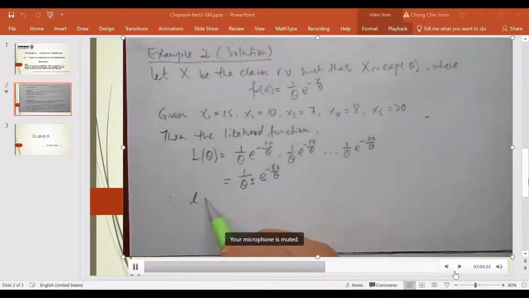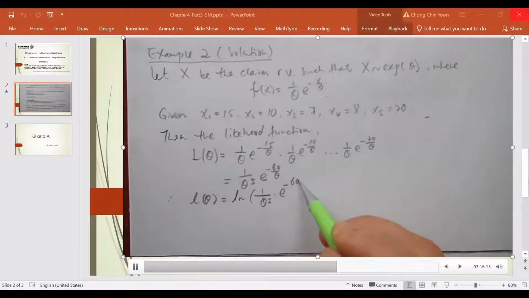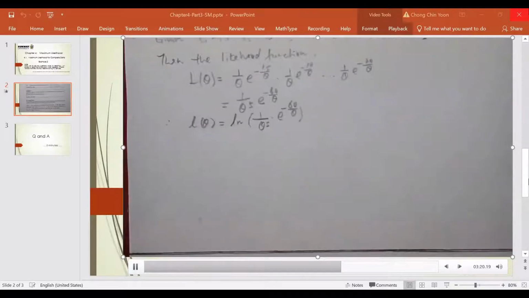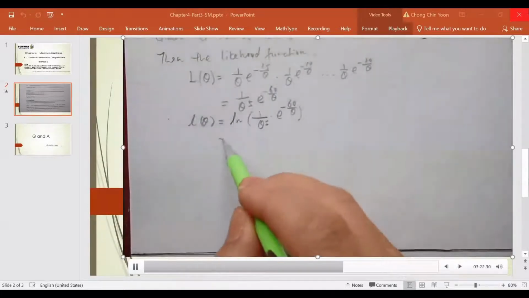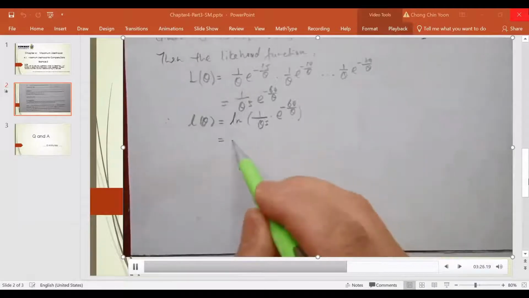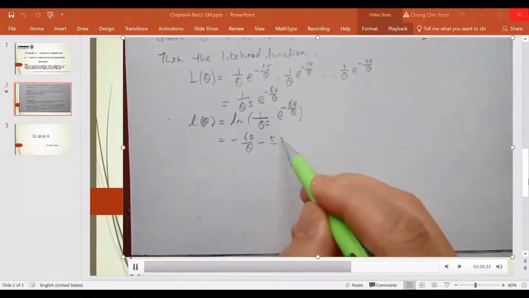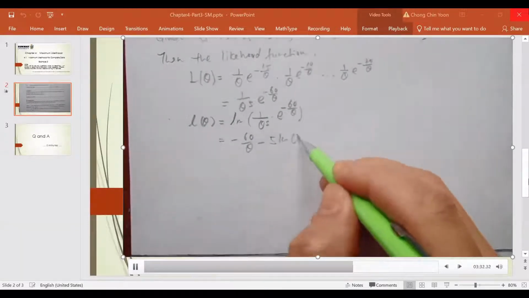Therefore, the log likelihood function equals log of 1 divided by theta to the power of 5, multiplied by the exponential to the power of negative 60 over theta. So simplified, this will give me negative 60 over theta minus 5 times log theta.